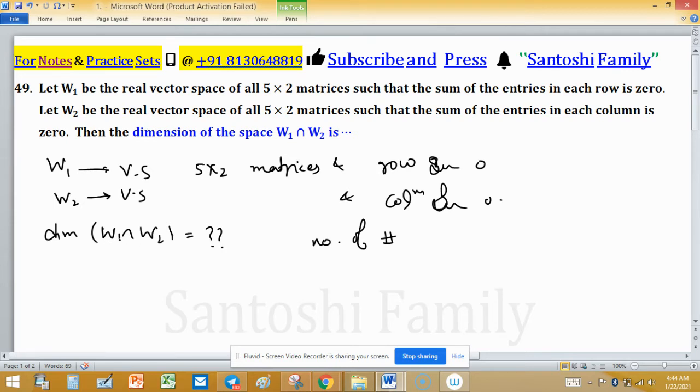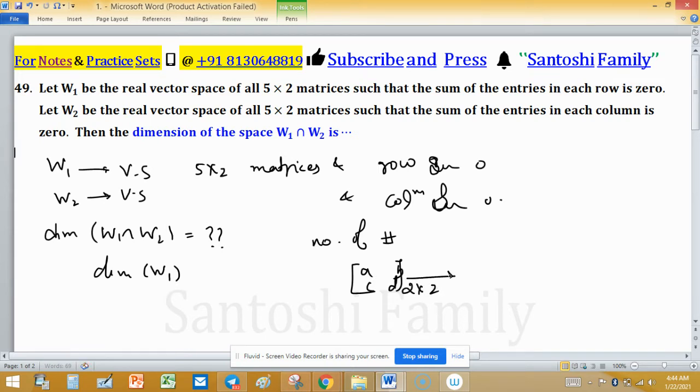So one method is to find the dimension of W1 and W2, and of their sum, and apply this formula. Normally A, B, C, D is the format of 2 by 2 matrices.